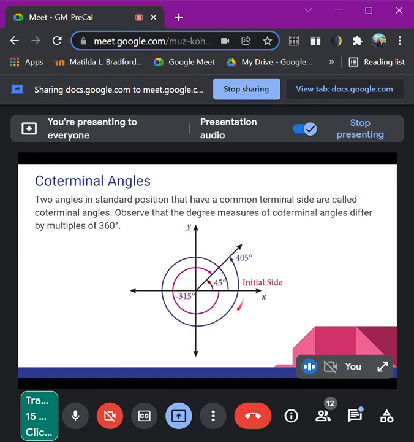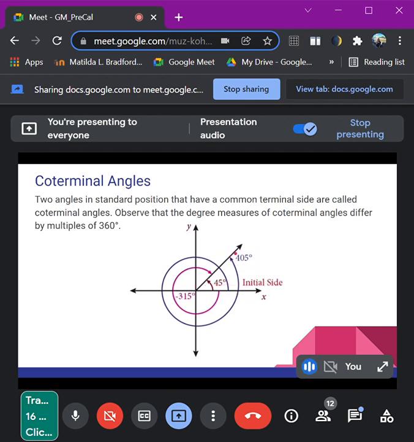And as you can see, class, it has the same terminal side as 45 and negative 315 degrees. So meaning to say, these are what we call coterminal angles.